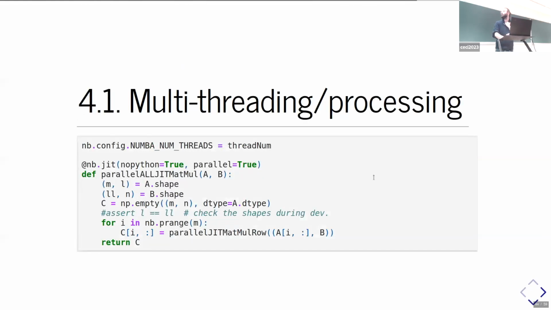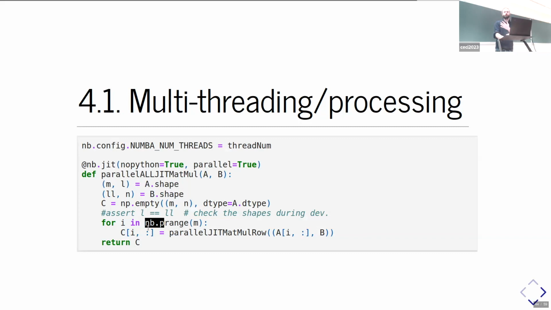Numba is amazing. You can add this, so you can instruct numba to go parallel. This is super nice because when you look at the code, it looks like normal code. That's the difference. I mean, the parallel equals true, of course, but this is the difference. I don't use range. I use numba prange. And when I do that, I instruct numba that this loop actually should be parallel.